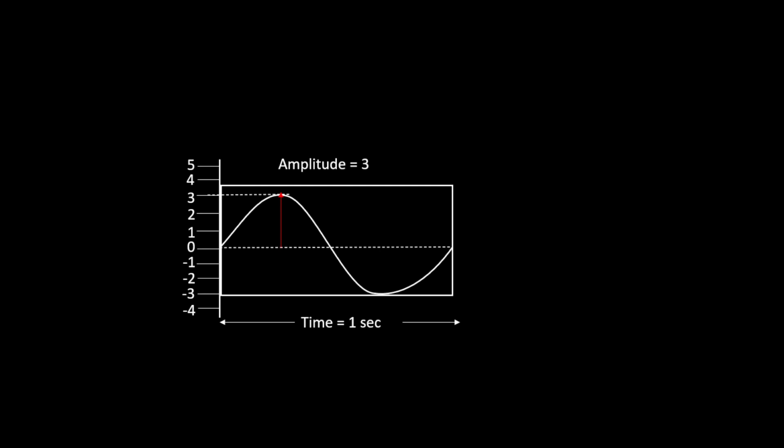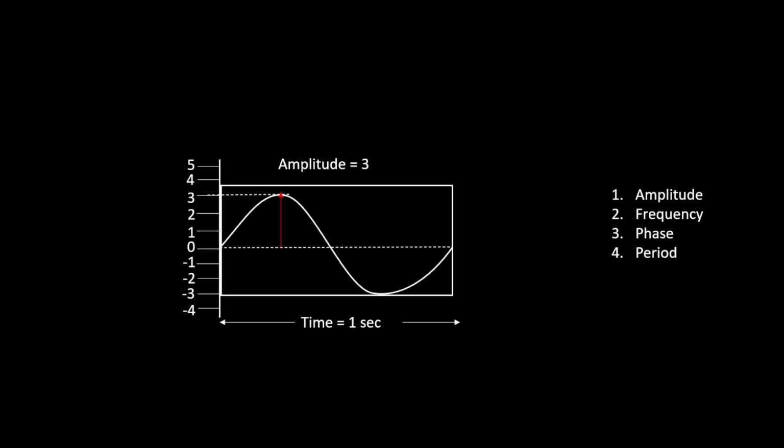Now this sine wave is named after the trigonometric function sine, often denoted as sine theta, and the value of sine theta is described by the height of the point on a unit circle. When you see a sine wave, it has properties, which we are going to explain here: amplitude, frequency, phase, and period.